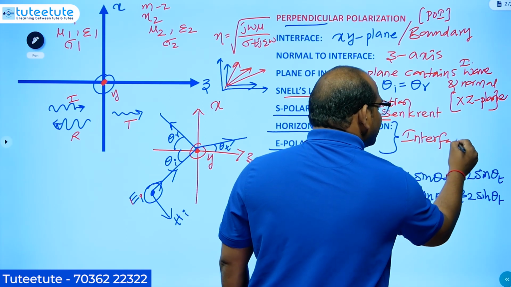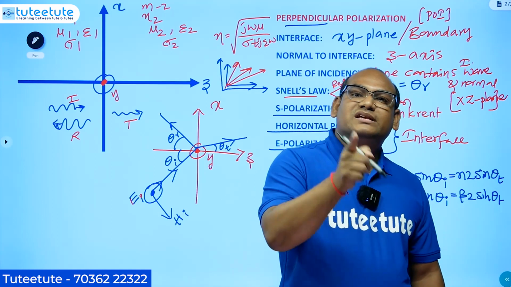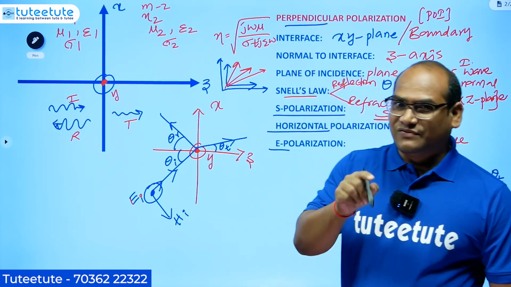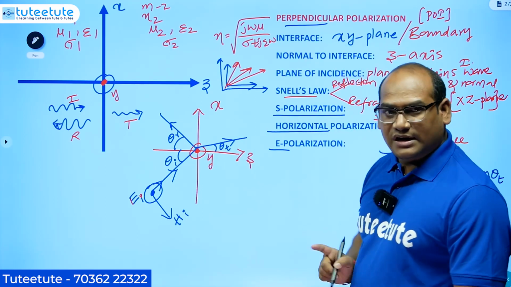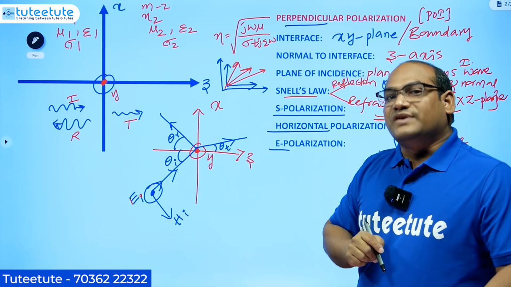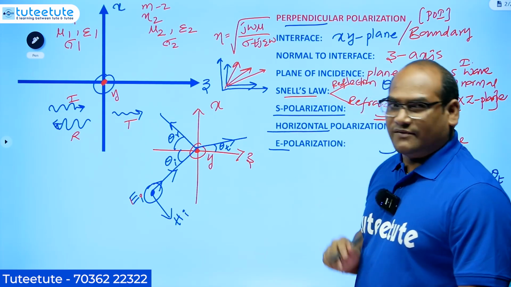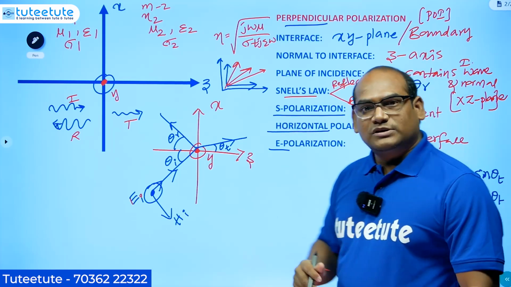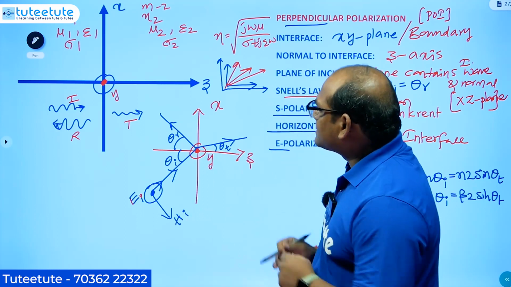Everything is with respect to the electric field only, but how this electric field is oriented with respect to the plane of incidence, accordingly the perpendicular polarization name was given. How this electric field is oriented with respect to the interface or the boundary, with respect to that point, these two names are given. And already I have told how the S polarization name was given. Okay, this is just the basics of this one.